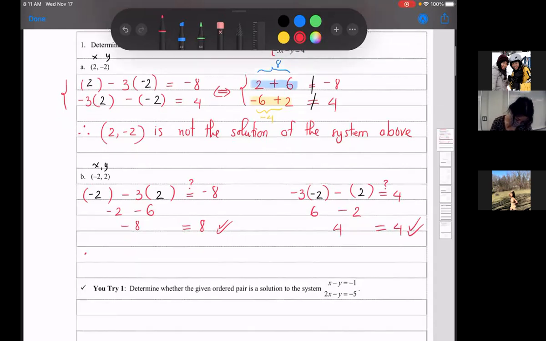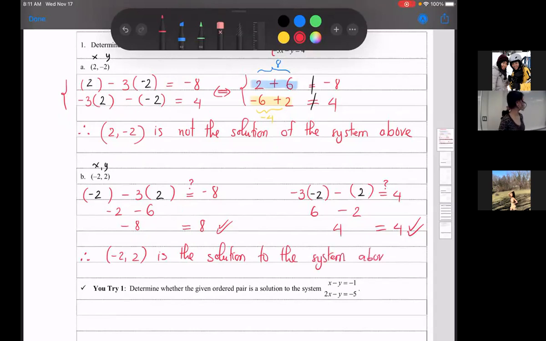So therefore, -2, 2 is the solution to the system above.